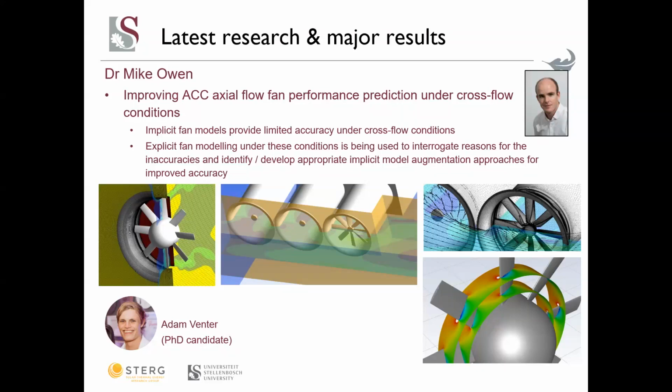And these implicit fan models have limited accuracy under cross-flow conditions. And so Dr. Owen, together with his PhD student Adam Fenter, is looking at explicitly modeling these fans and then taking those results and interrogating the reasons why there are inaccuracies in the implicit fan models, and also trying to find ways to augment the implicit model to improve its accuracy under crosswind conditions.